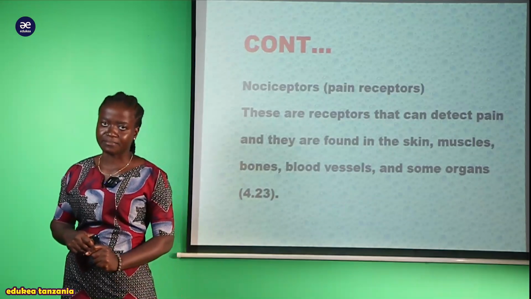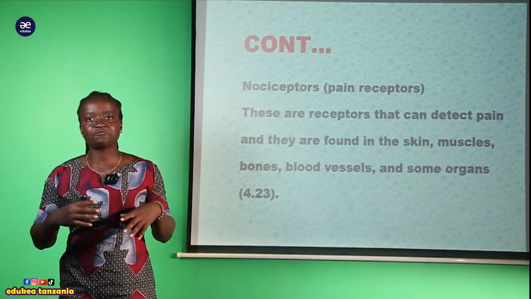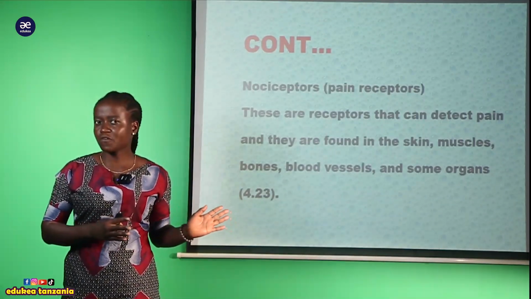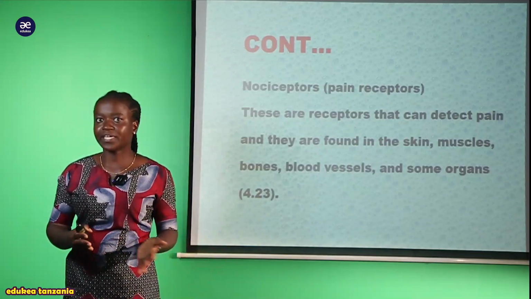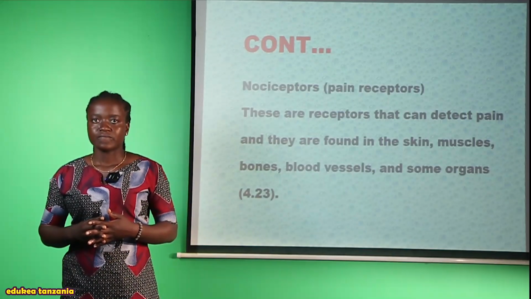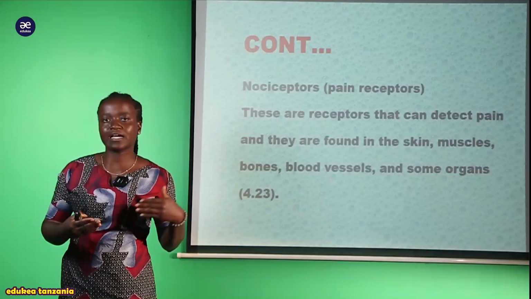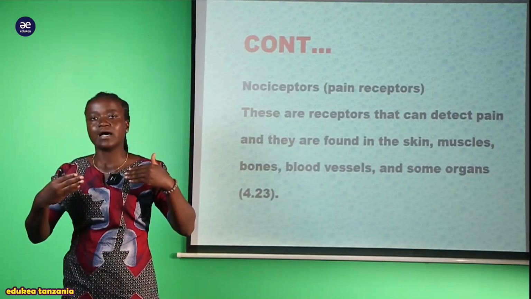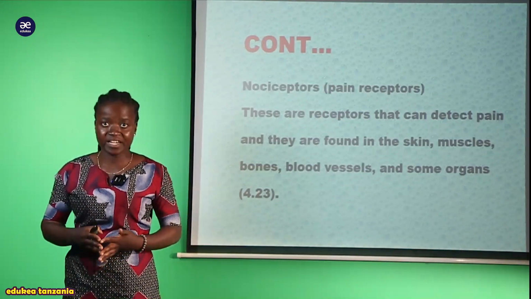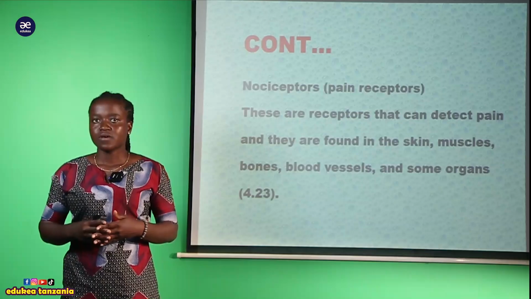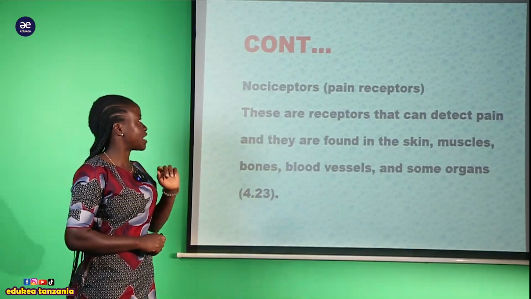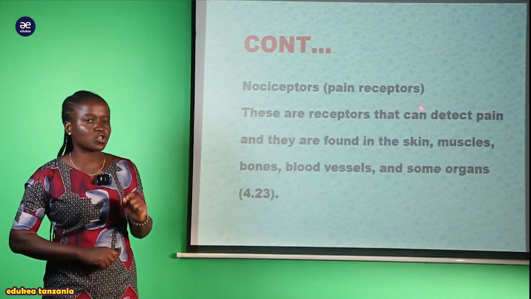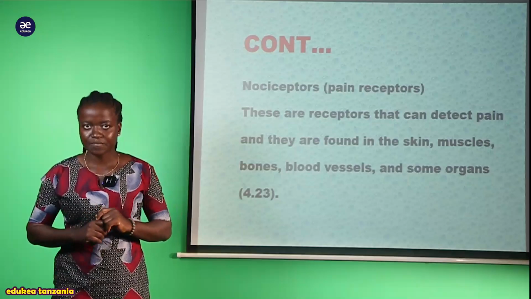We also have to know what the function of it is, where it is located, and how these receptors help to provide an appropriate response. So these nociceptors are also called pain receptors.